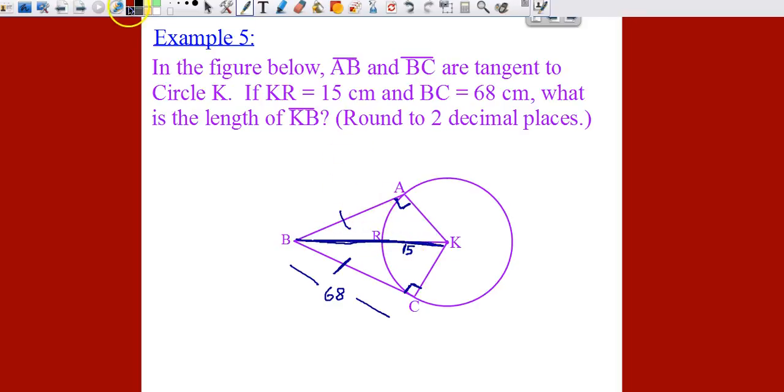In this problem, a couple things come to mind. The first thing is, if I focus on what KB is in terms of this right triangle, whether you look at the one on top or bottom, you should notice that it's the hypotenuse. So we are going to use a squared plus b squared equals c squared, KB being the c.